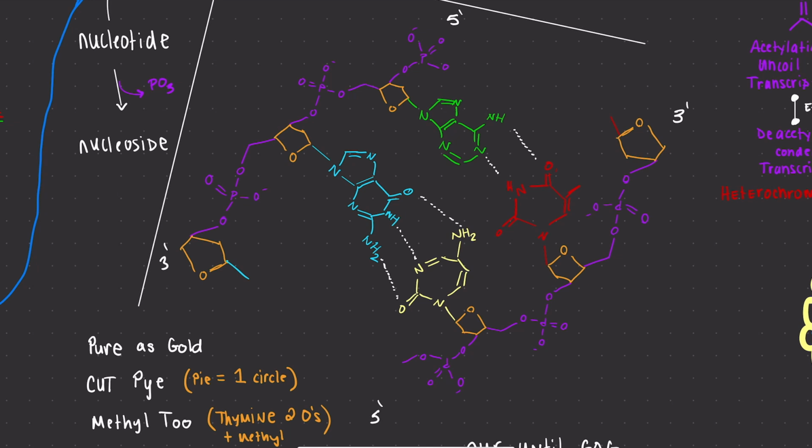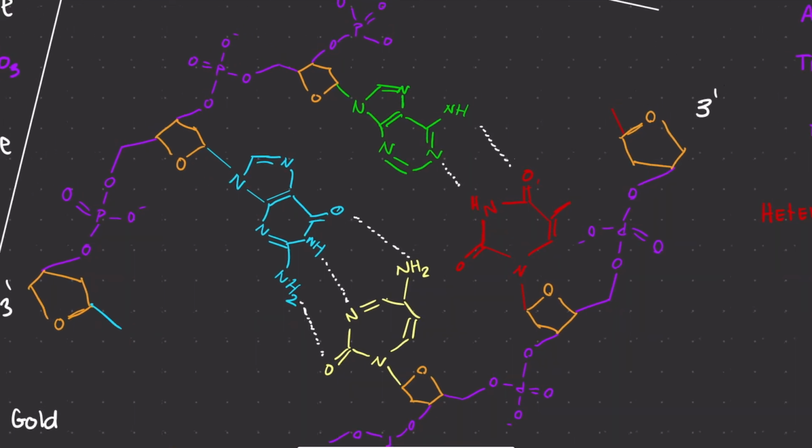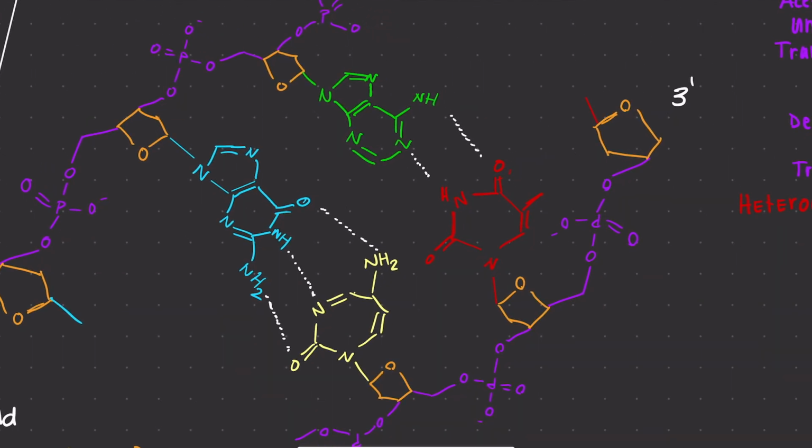So that's the backbone. Now if we move even closer into the interior, the bases that exist, there are 5 of them, and they are bonded through hydrogen bonds. That is these white dots here, and that is how they are connected.